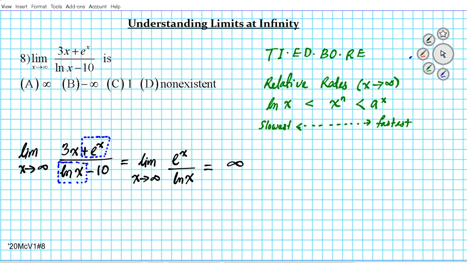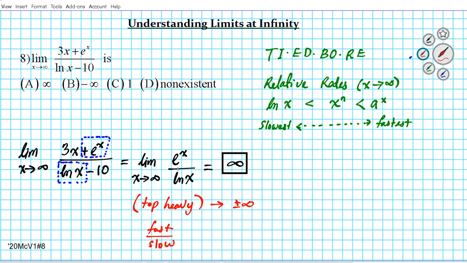The argument, looking at your relative growth rates, is that this is top heavy because exponentials grow faster than logs. We're looking at a fast growing function divided by a slow growing function.